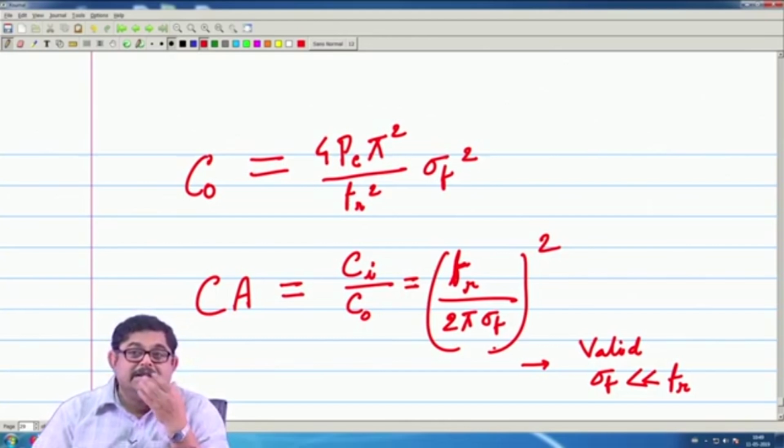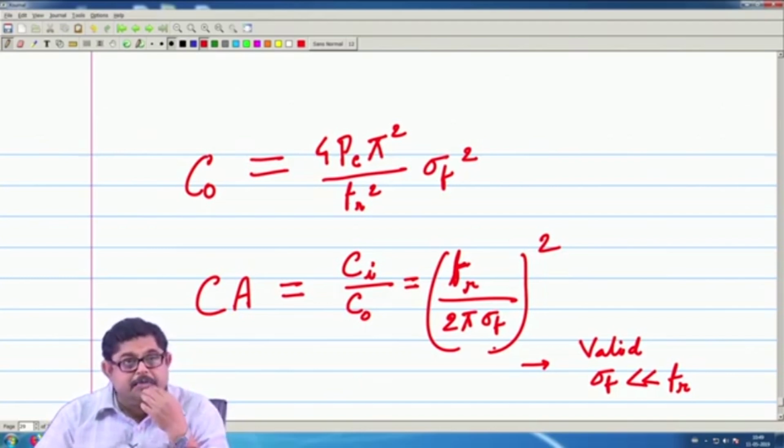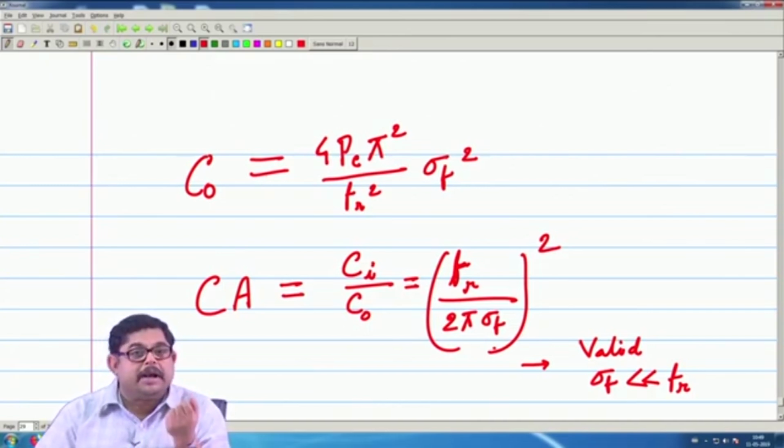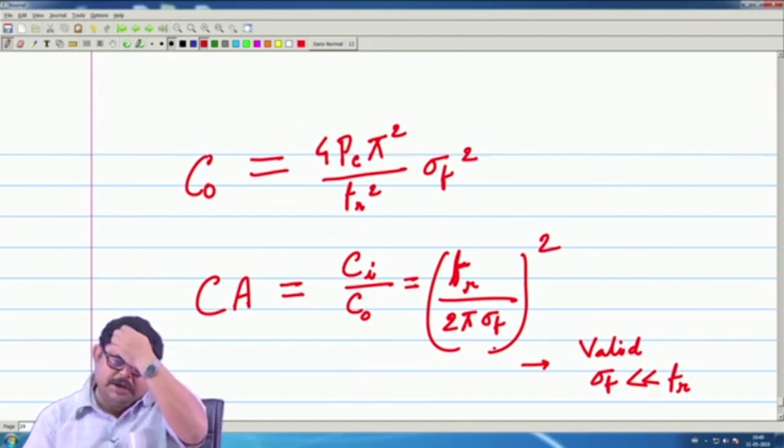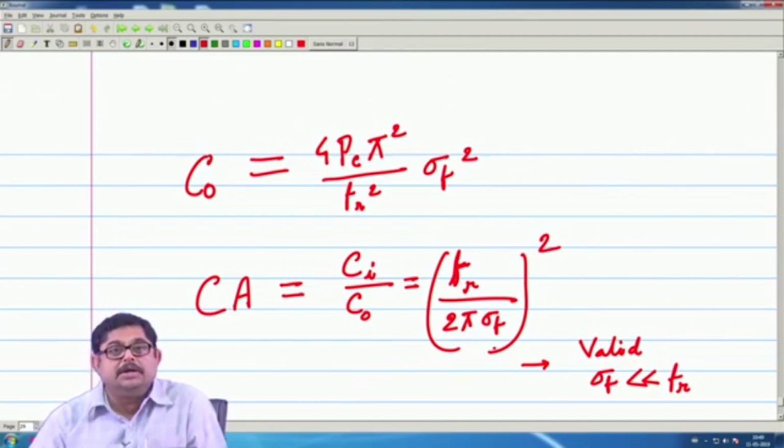Okay. But as in noise, we are more interested in this, because this is a detection problem. So, we are more interested here also, like in communication, in how much clutter is suppressed with respect to the received echo signal power level. That means something like signal to noise ratio. So, that we call signal to clutter ratio.